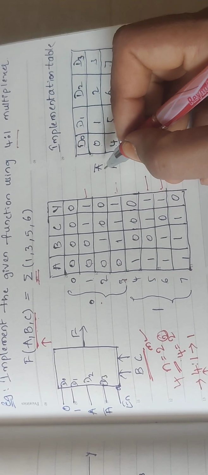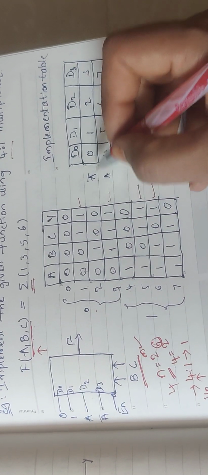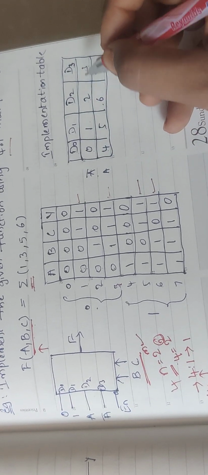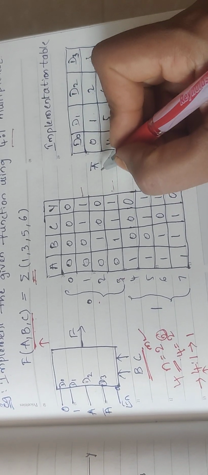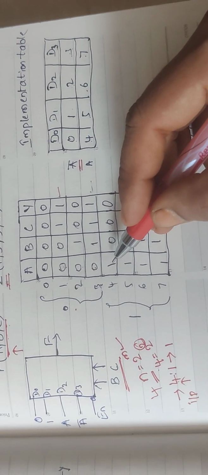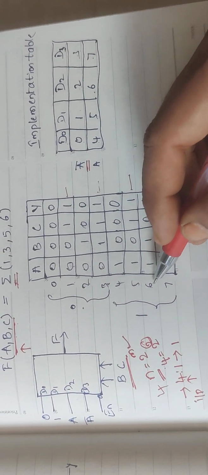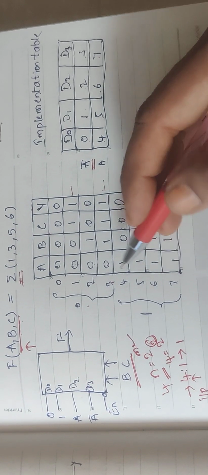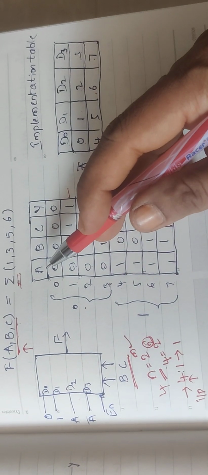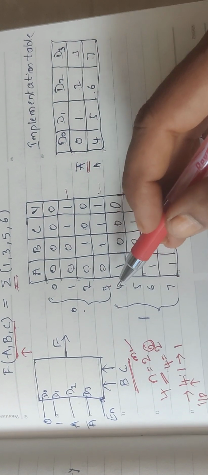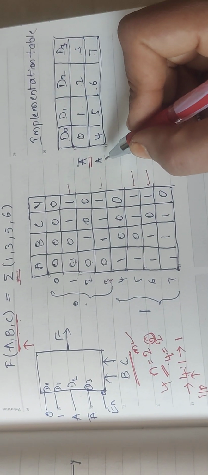For that reason I used the value A bar for these rows 0, 1, 2, 3, and for the remaining rows 4, 5, 6, 7 the decimal numbers 4, 5, 6, 7 represent the value 1 for A, so the one value in the SOP represents the variable.